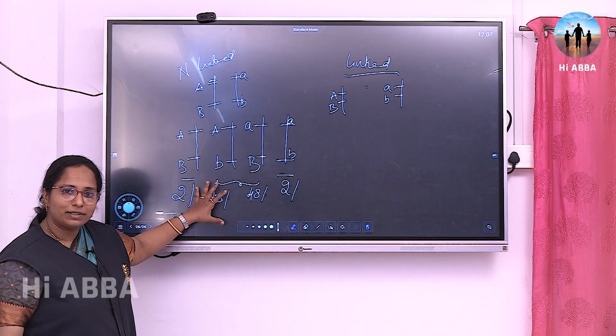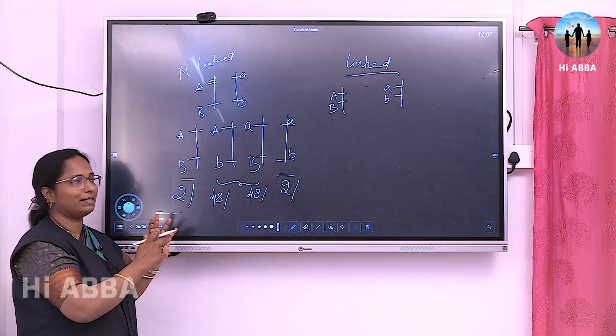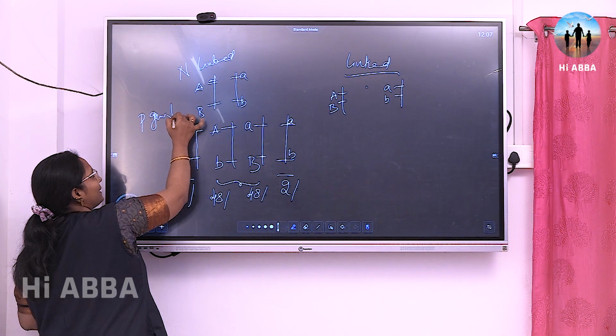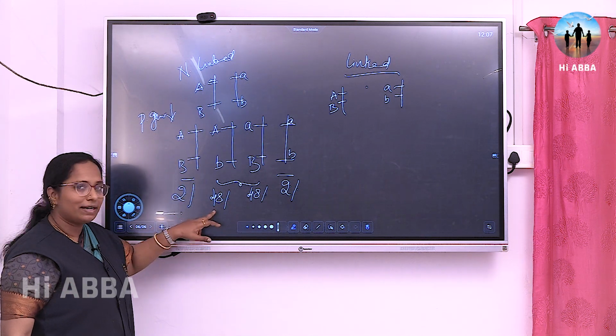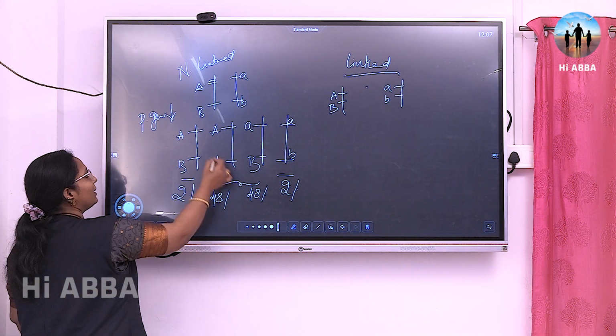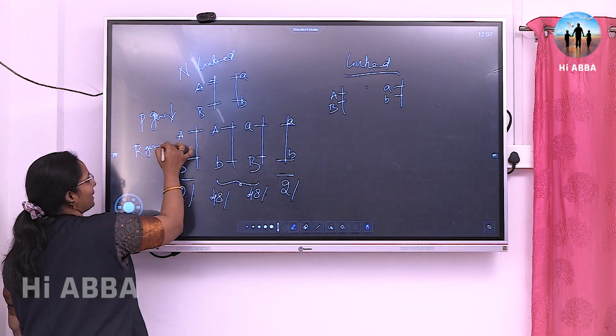Now here what you have observed is that the parental gene percentage is lesser, but the recombinant, which is nothing but the new genotype you have got, is higher. So here the recombinant gene percentage is higher.